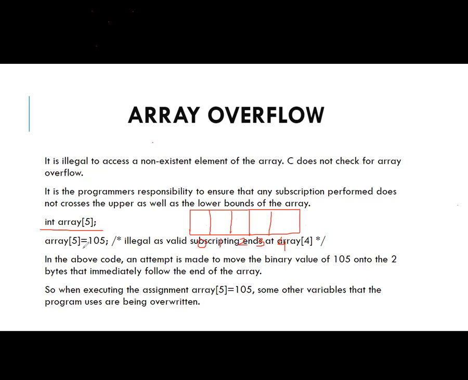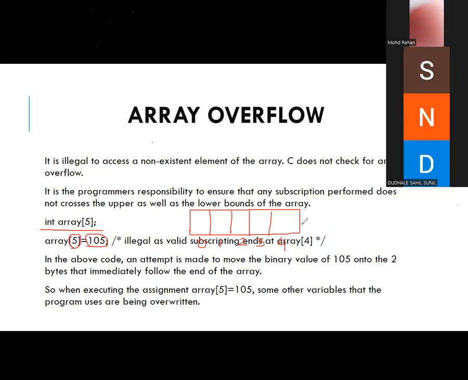But later in the program, I want to initialize the array at index position 5, which is equal to 105. Which array index position am I taking? 5.